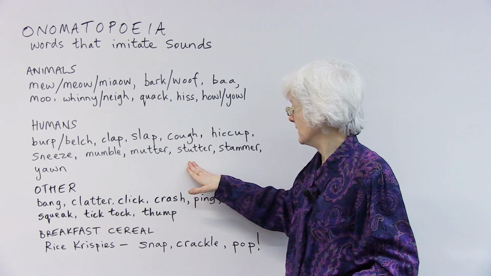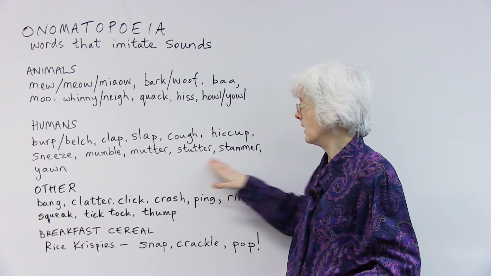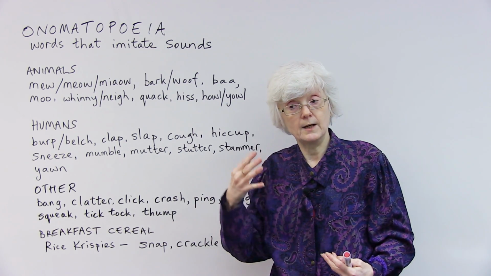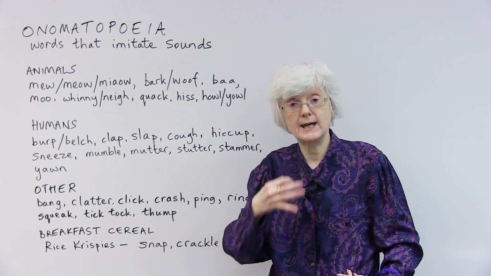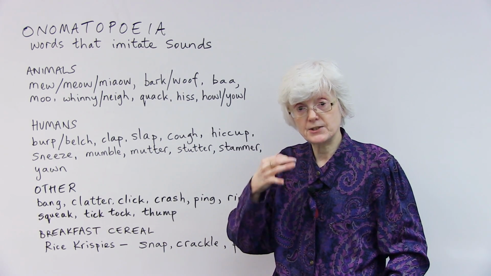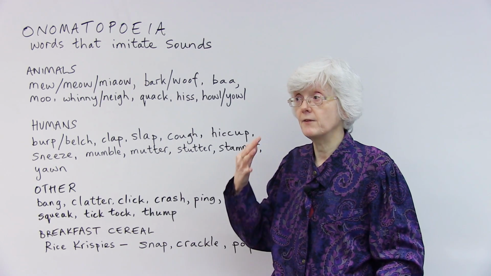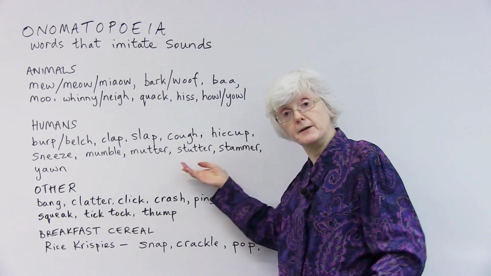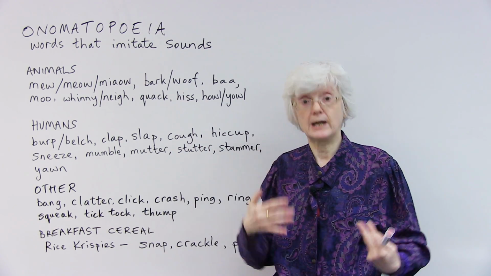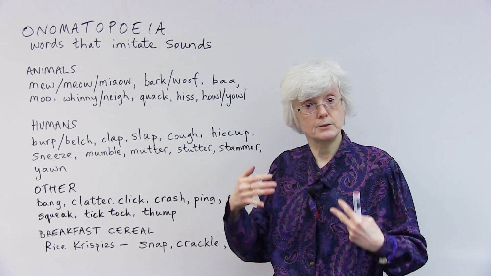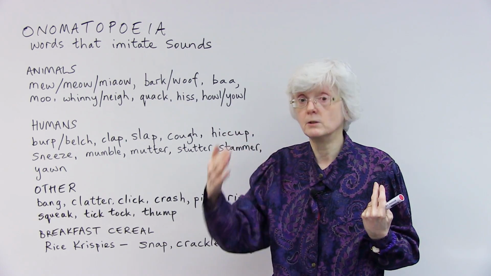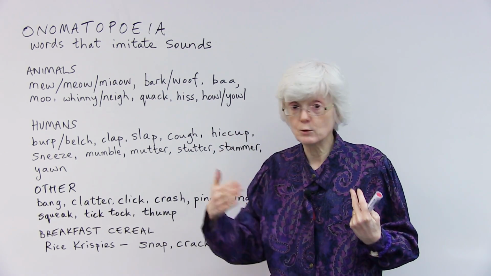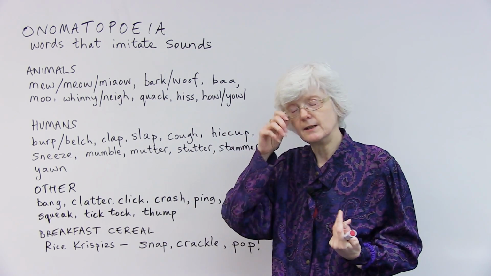To stutter and to stammer are when someone repeats a sound. Stutter, stutter. If they can't get the sound out properly, it's a very unfortunate thing to have a stutter, and people have to have coaching to get out of doing it.